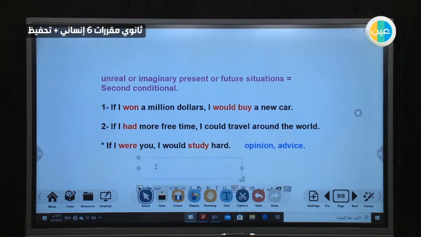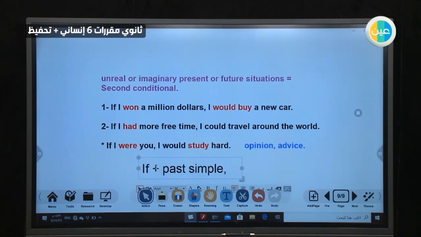Yes, if. It should be capital for sure, because it's at the beginning of the sentence. I won, I had, I were. Is it present simple? No, it is past simple. If I won $1 million, I would buy a new car.